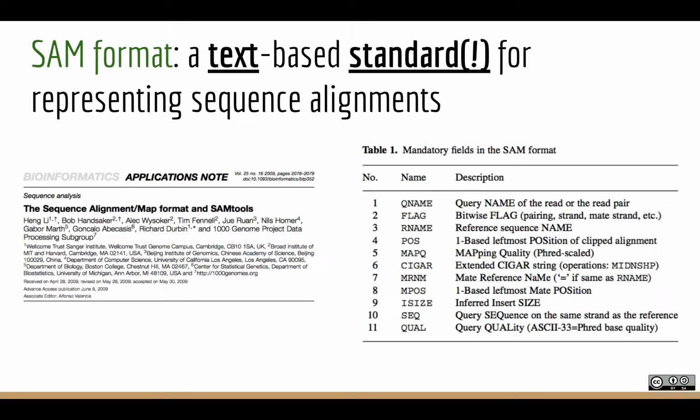Prior to the launch of the 1,000 Genomes Project, there really weren't any standards for representing alignment data. So one of the first couple of years of the 1,000 Genomes Project was trying to figure out which aligners work best for aligning these short reads to enable us to find genetic variation. Which variant callers work best.